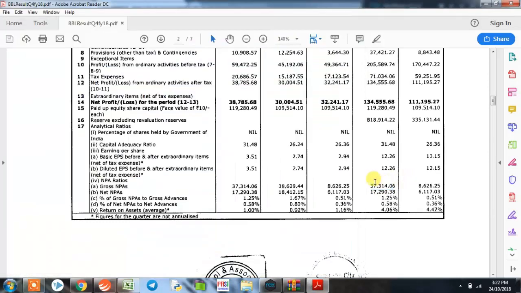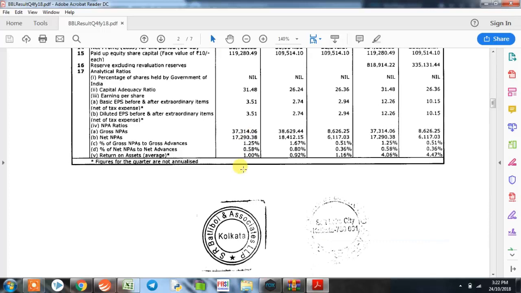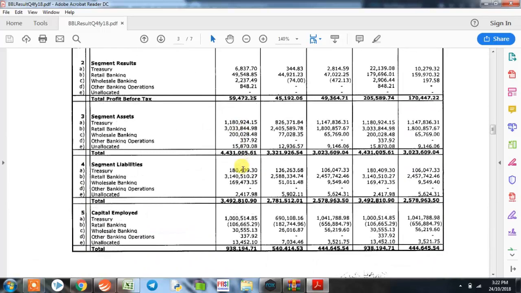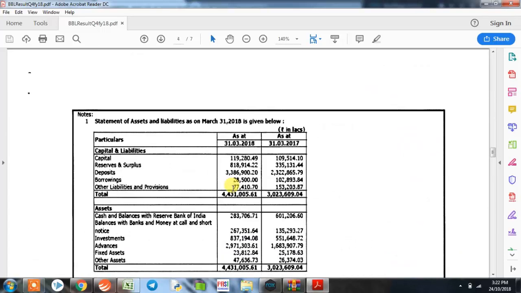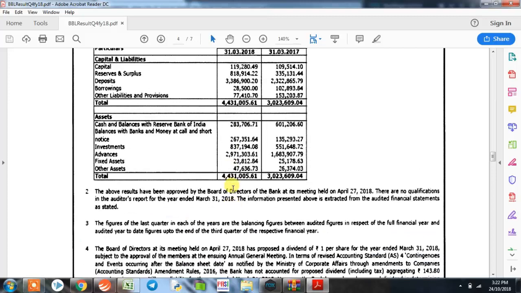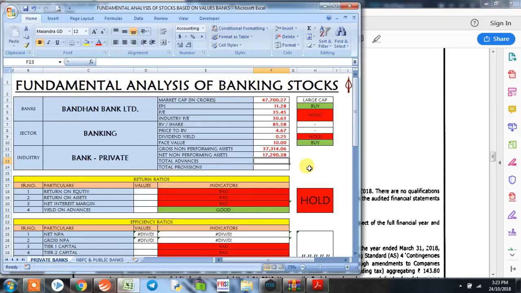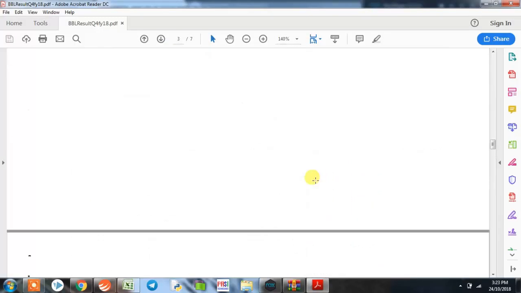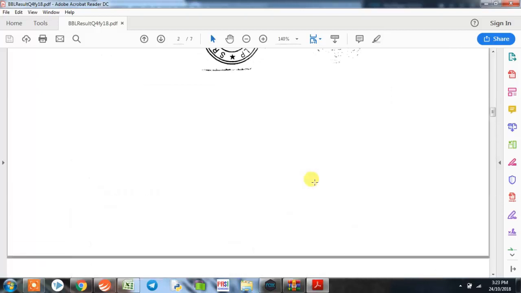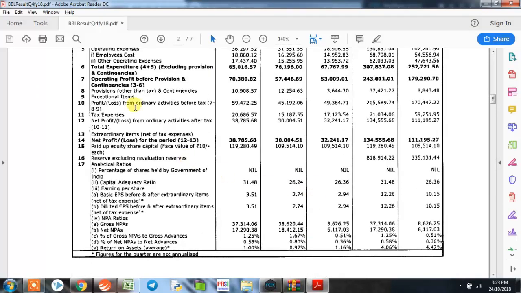The total advances, for that we'll have to come down to the balance sheet part. Now here we can see the advances is 2,971,303.61, and the total provisions is again here, provisions other than tax contingencies.